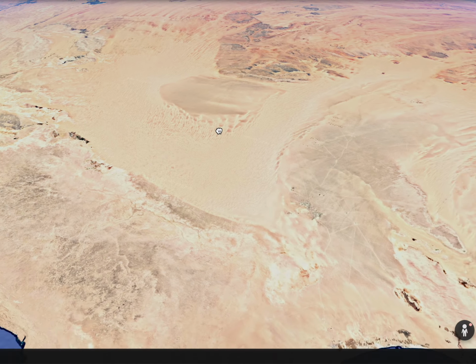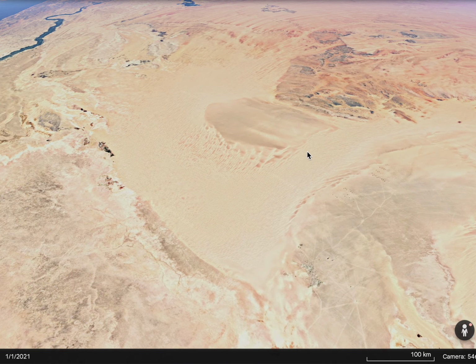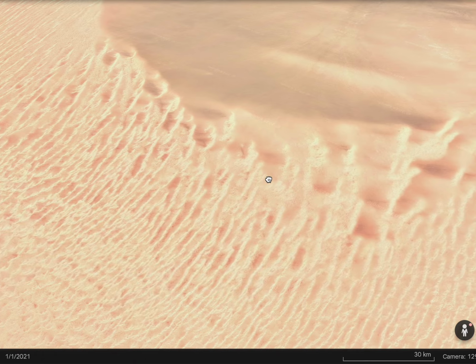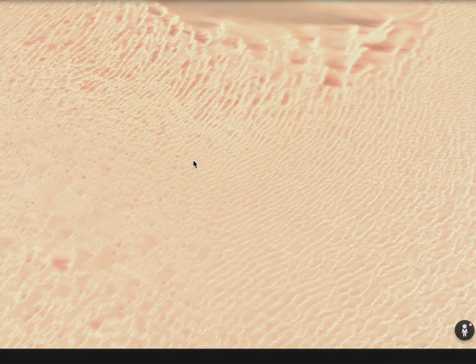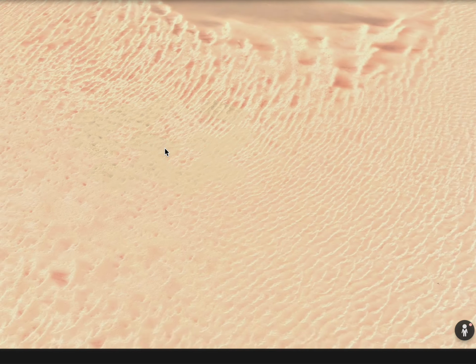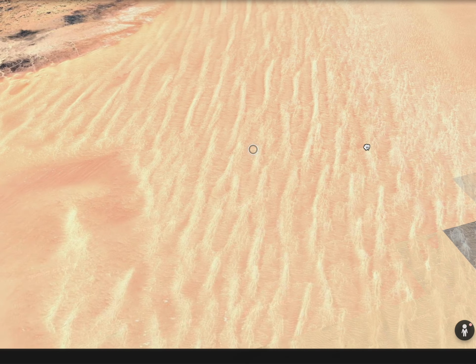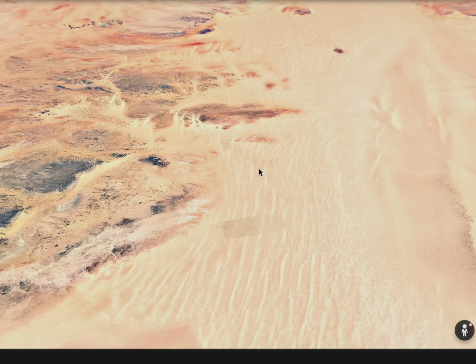So this is high altitude, and the current swept and pushed up and deposited all of this sand. And then we take a closer look. We find there's kind of like mound-like structures and very large textures.